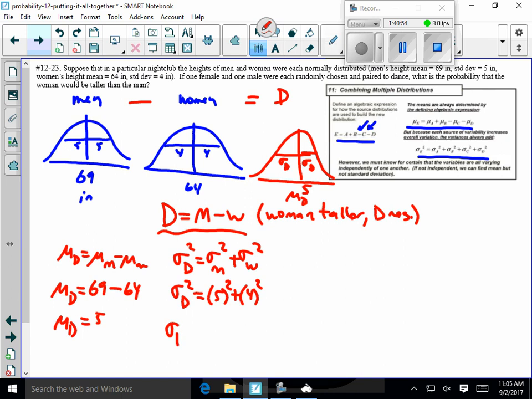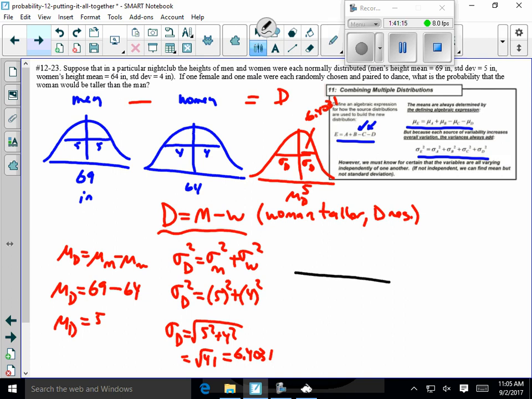And so the standard deviation would be the square root of 5 squared plus 4 squared, which is the square root of 41, which is 6.4031.